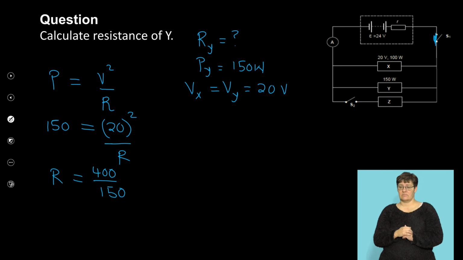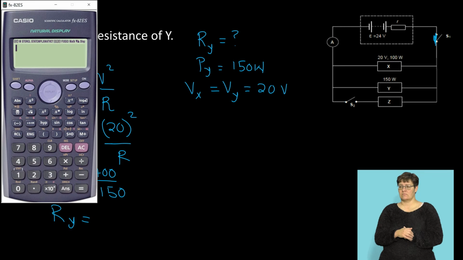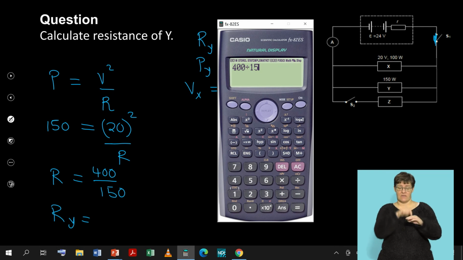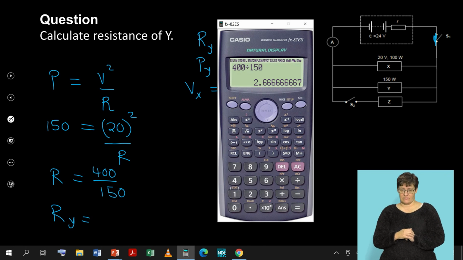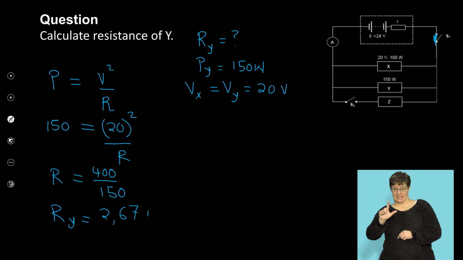Then R of Y, we can quickly go to our calculator and verify that. We've got 400, which is 20 squared, divided by 150, which gives us 2.67. So this is 2.67 ohms. That's the correct SI unit.